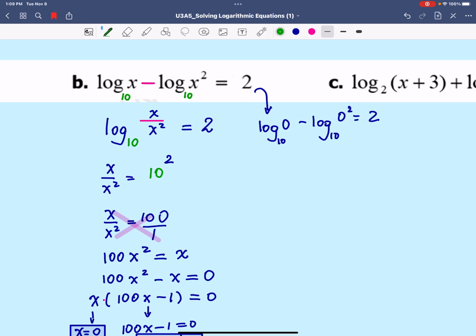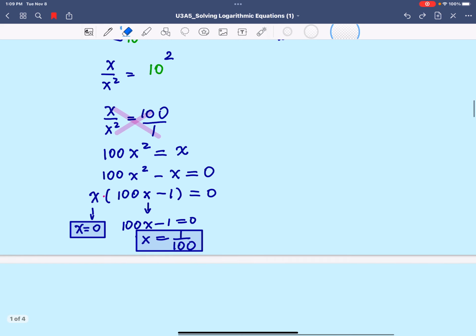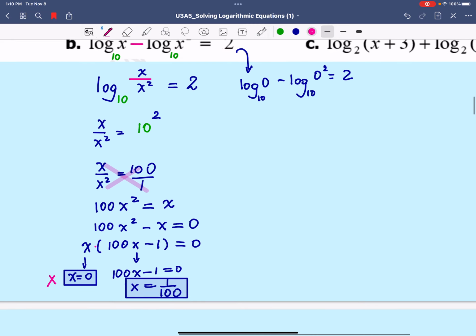Now, as we have mentioned when we studied the graphs of logarithmic functions, the expression inside the log cannot equal 0 and cannot equal a negative number, which tells us that x equals 0 is an extraneous solution, or you don't admit this solution, so we don't accept this.